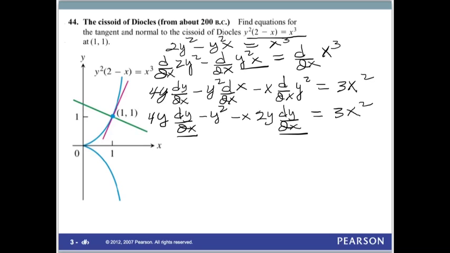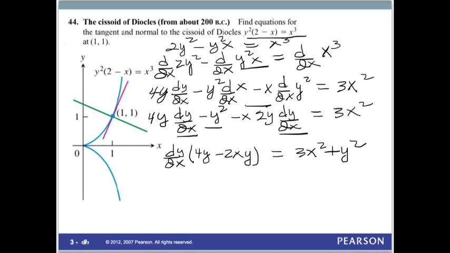In this case, all of the dy/dx's are on one side of the equation, so we'll just simply write down dy/dx, factor that out, and we're left with 4y minus 2xy. And all the other terms, well, the only other term that's left is minus y squared, so it goes on the right-hand side, and so we get 3x squared plus y squared.